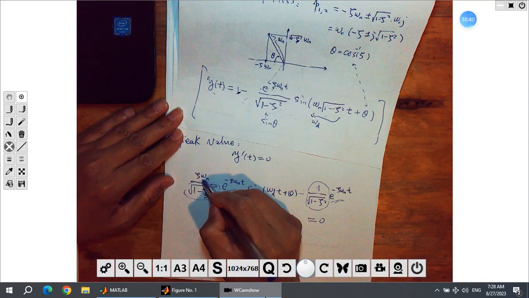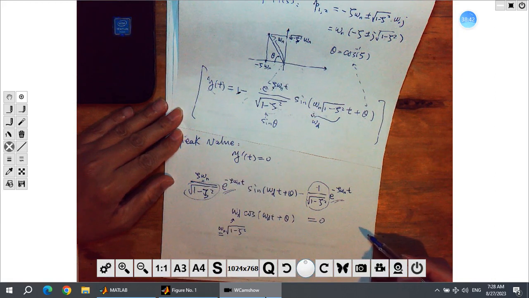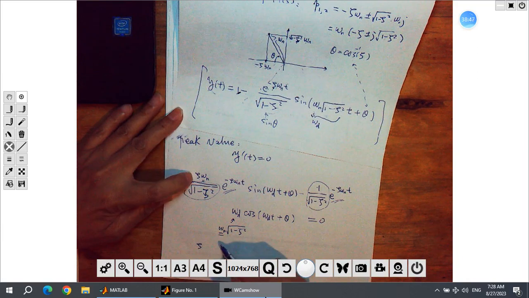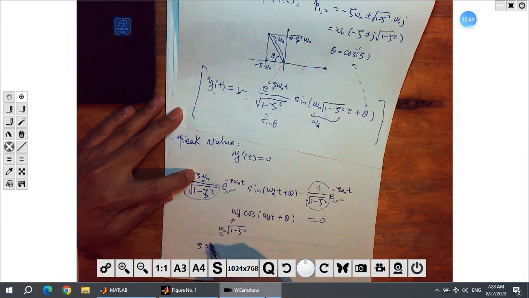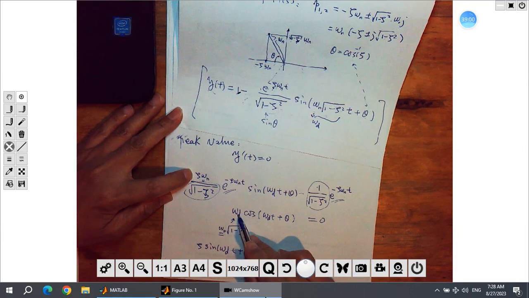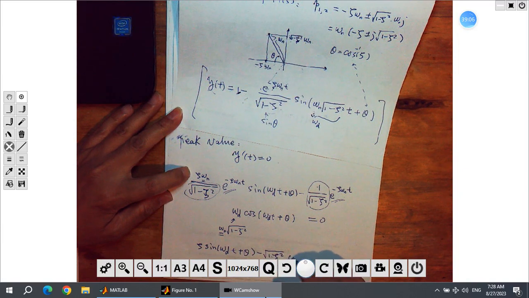After we cancel these, we have only zeta left: zeta times sine of omega d t plus c, minus, the exponential power cancelled, the omega n cancelled, we have 1 minus zeta squared left, times cosine of omega d t plus c, equal to 0.